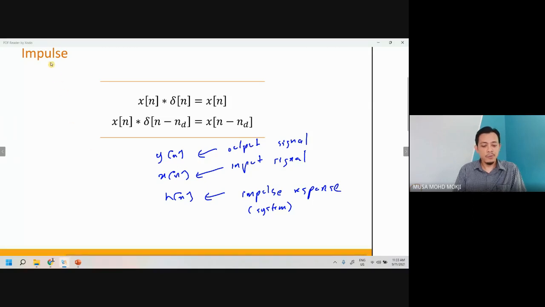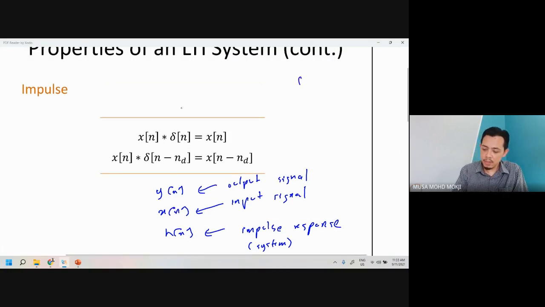Okay, for impulse properties, we have this. This is the impulse. We have seen two basic signals. One we call the impulse, represented with the notation delta: delta n, impulse. Another one is the step, which is un. Delta n is what we call the impulse, and un is the step.